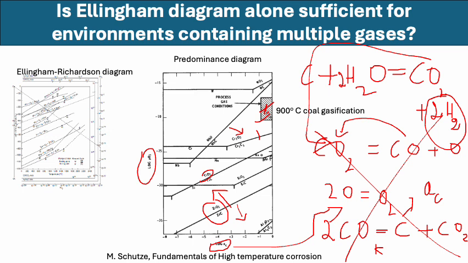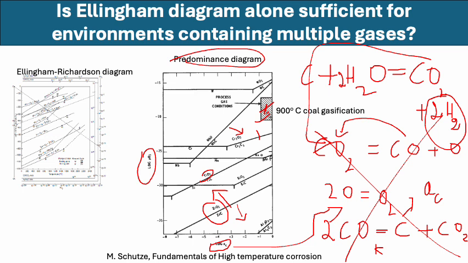But by convention, this is called a predominance diagram, where we can find out regions of oxygen partial pressure and carbon activity combination. You can take this like a map, which gives you an idea whether you are carburizing or oxidizing in the given industrial atmosphere.